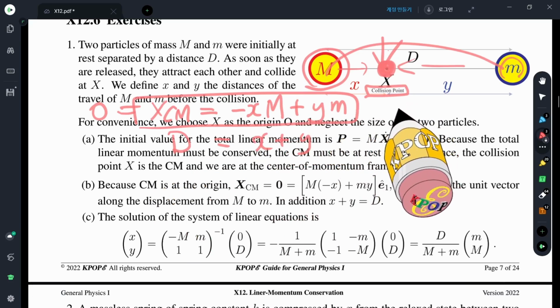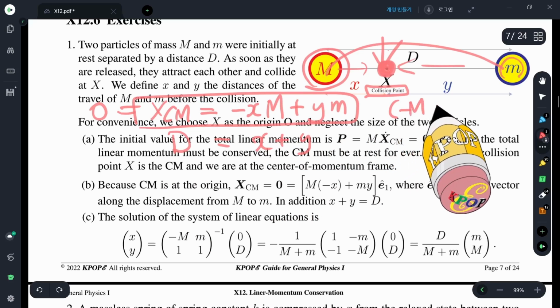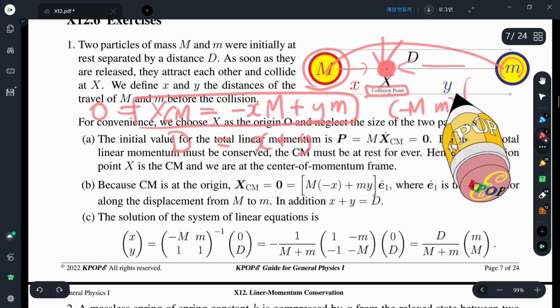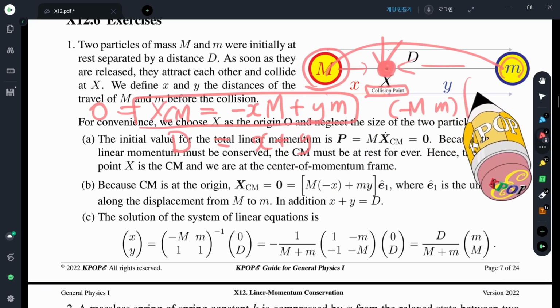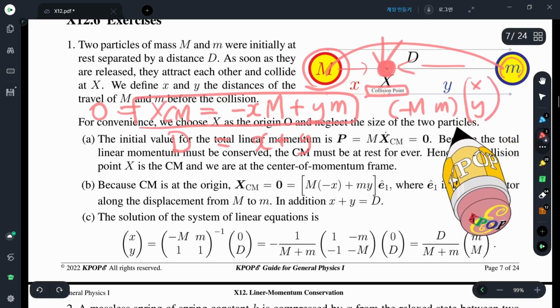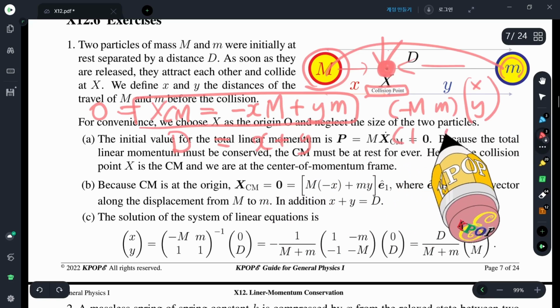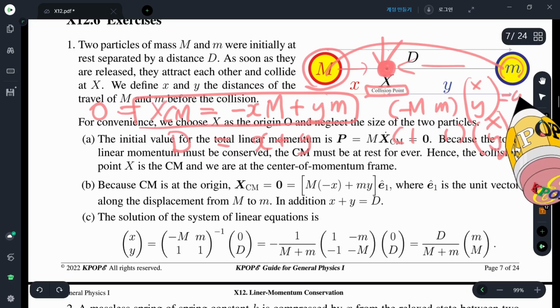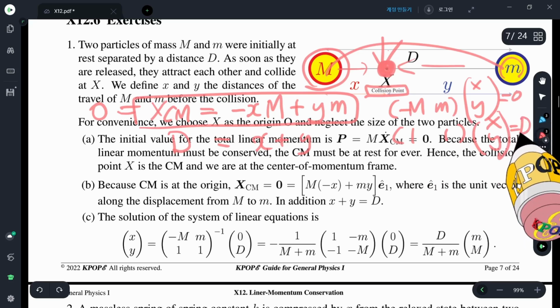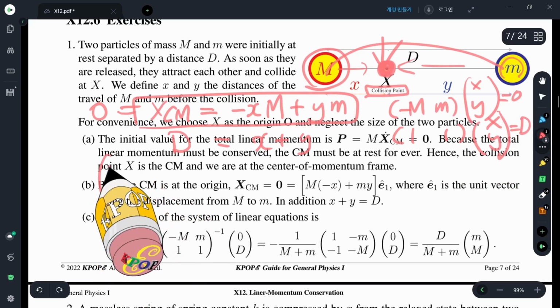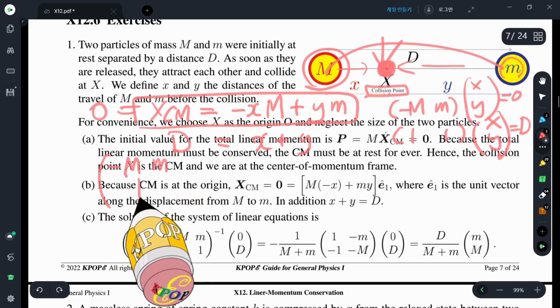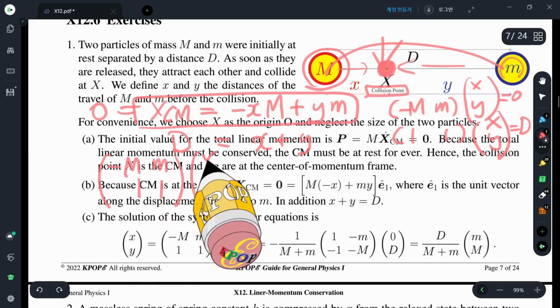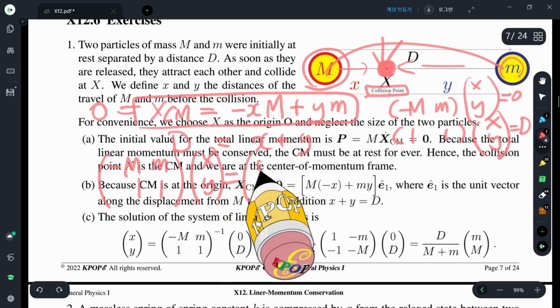We can rewrite this as the product of a row vector, minus M and m, and a column vector, xy. This equals 0, and this is d. Therefore, our linear equation is the matrix minus M m, 1 1, times xy equals 0 d.